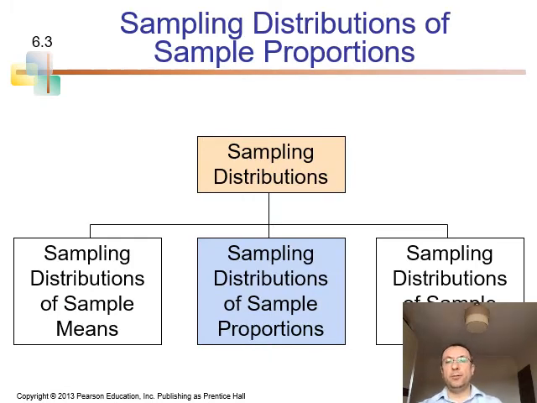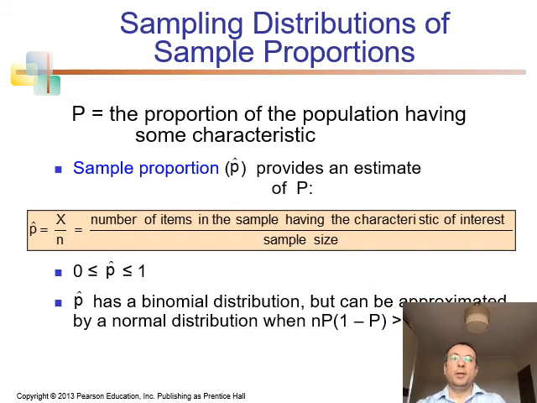Now the second part of this chapter is about the sampling distribution of the sample proportion. Again, we have some formulas here, but these are quite easy formulas. So P is the population proportion, and P hat is the sample proportion. The sample proportion equals the number of items in the sample divided by the sample size.